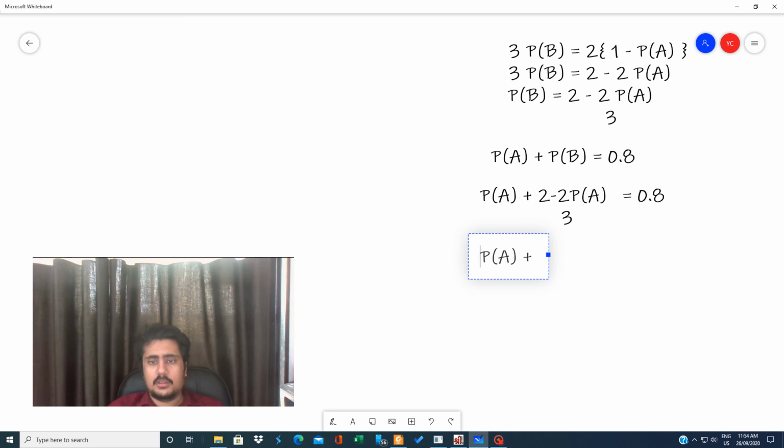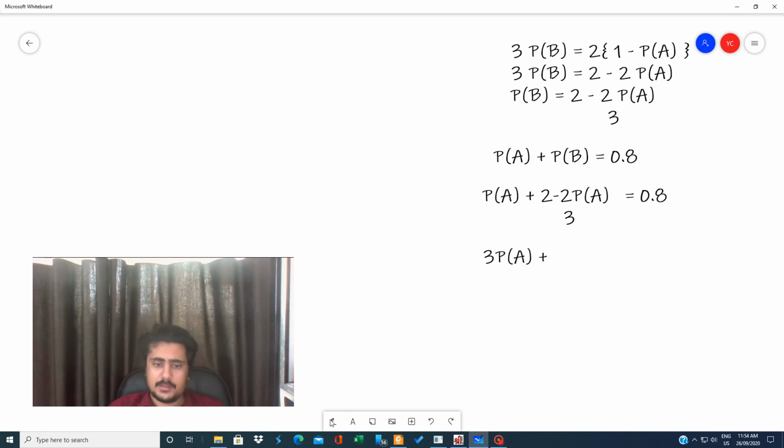If you want to solve this equation, how will we solve it? We will multiply by 3 on both sides, that is numerator and denominator. So 3P of A upon 3 plus (2 minus 2P of A) upon 3 is equal to 0.8.